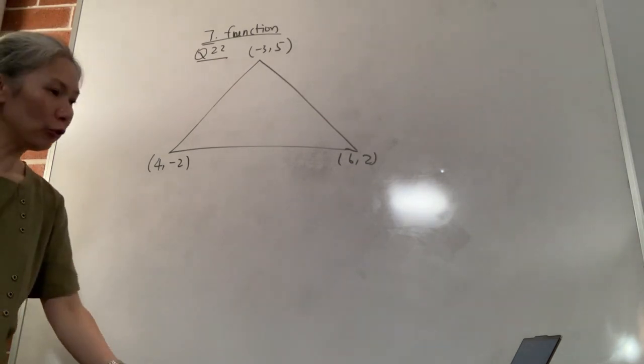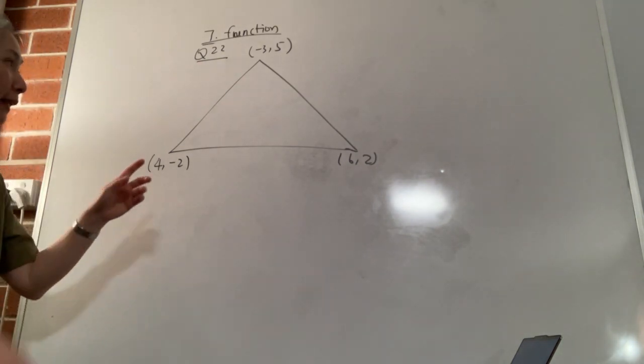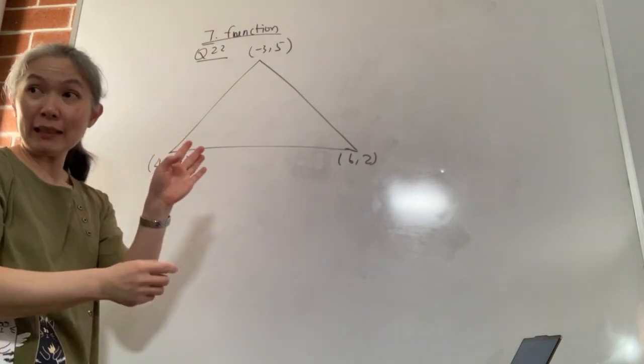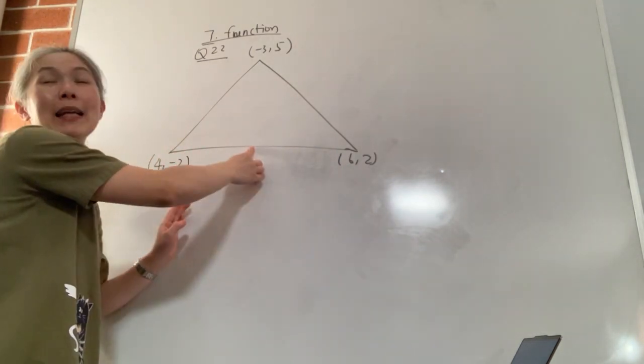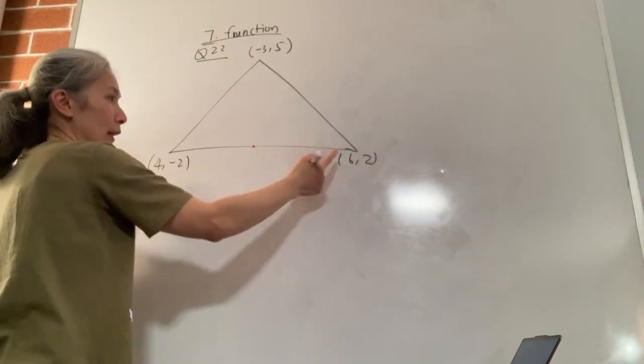Okay, you want to find the equation of the perpendicular bisector. What's the meaning of perpendicular bisector? If I have this line, perpendicular means it makes a 90 degree angle, and bisect means it cuts right in the middle. So the first step is to find the middle.